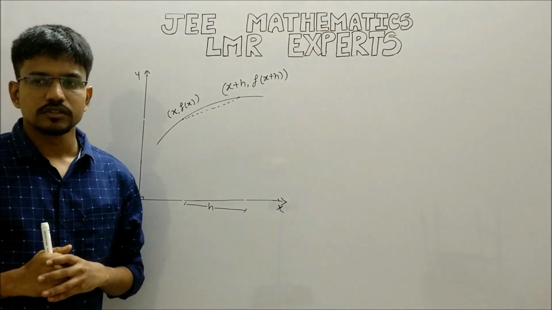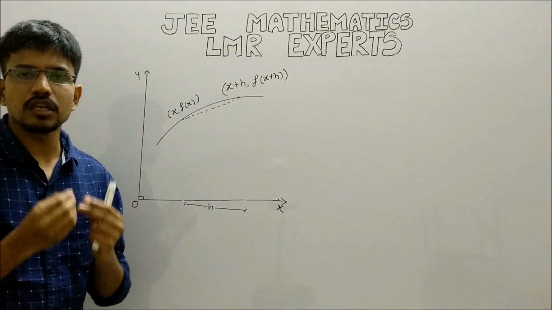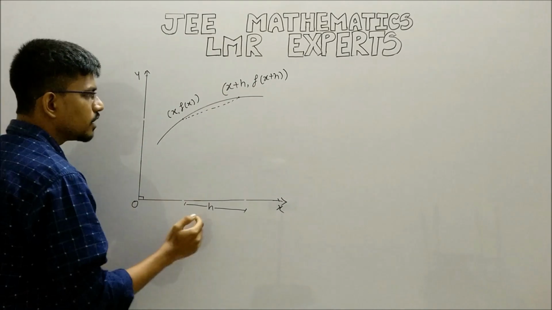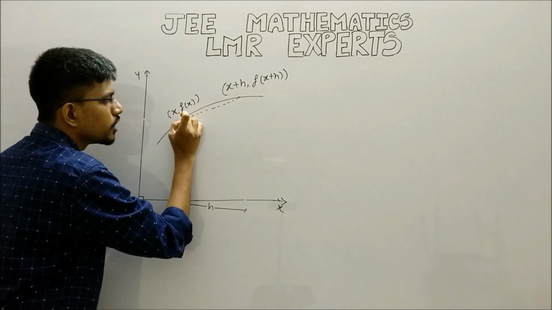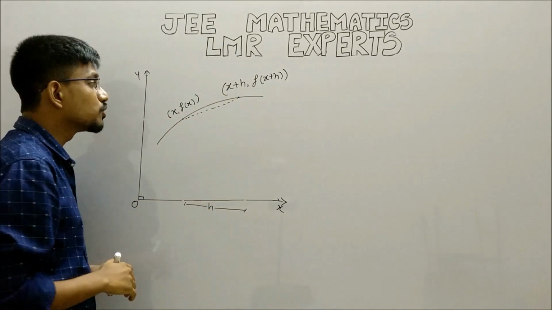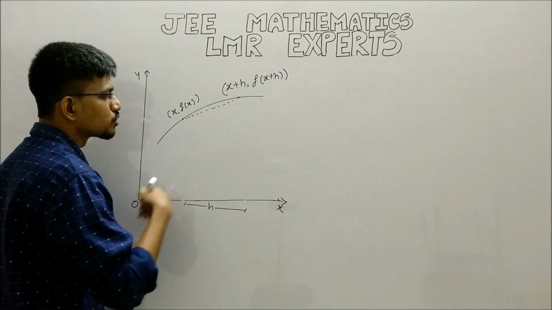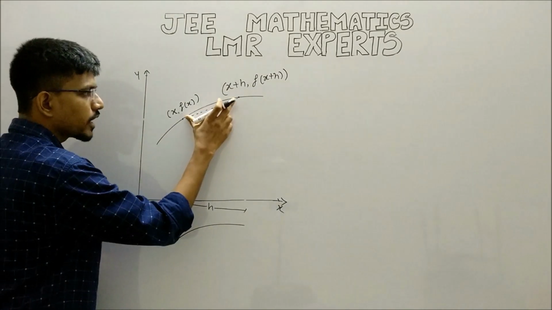How to do that? Imagine that this h value is very small. What would happen then? Then this particular point will be so close to this particular point that I could not differentiate between the 2 points. For example, I do this curve, I am magnifying this.